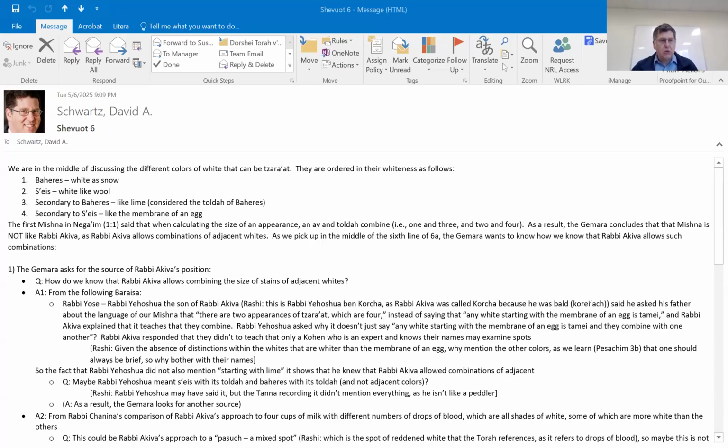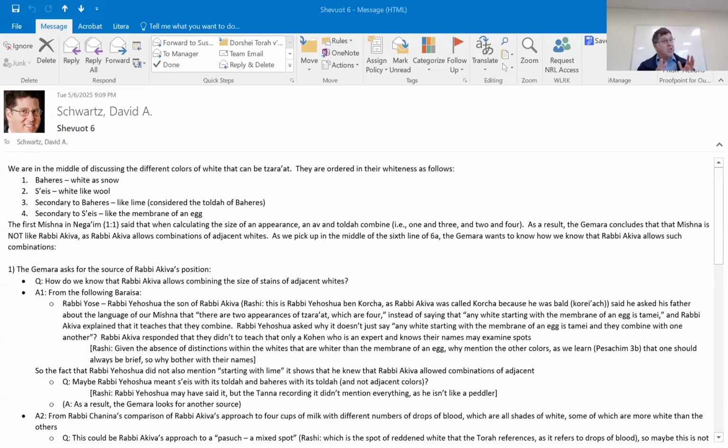And in the first Mishnah in Masechet Negaim, we said that when calculating the size of an appearance, an av and a tolda combine, meaning that baheret would combine with the lime color, the secondary to baheret, the tolda to it, and se'et combines with the secondary to se'et.